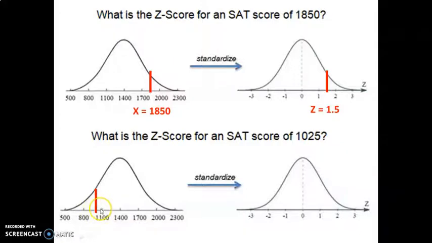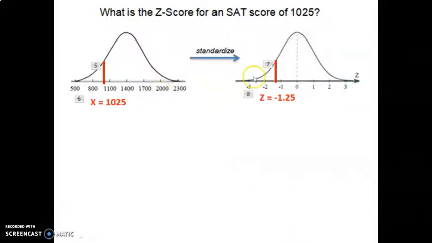To get to 1,025, this is another 75 back here. And what portion is 75 of a whole 300 standard deviation? Well, 75 is 1/4. So that means we must have gone 1 1/4, so -1.25. I hope you figured that one out. There's a pattern emerging here, in the way we can get the z-score, and that's what I'm trying to lead you towards. So here's that last one we saw.